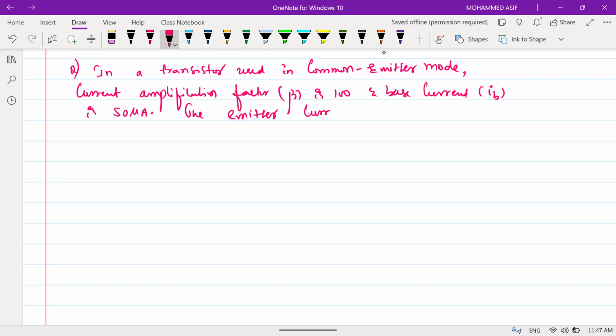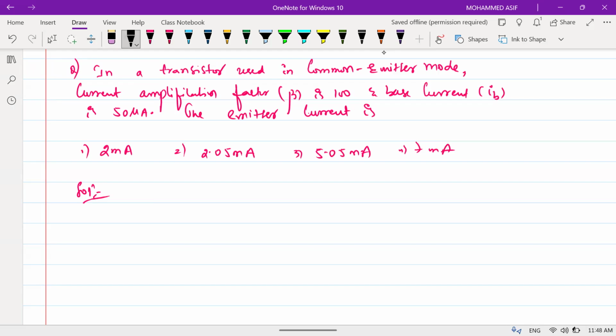The emitter current is: first option 2 milliamperes, 2.05 milliamperes, 5.05 milliamperes, and 7 milliamperes.